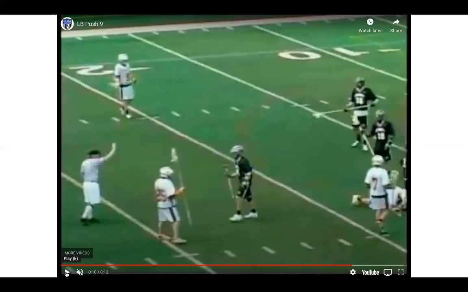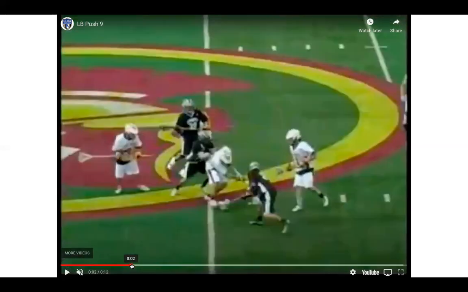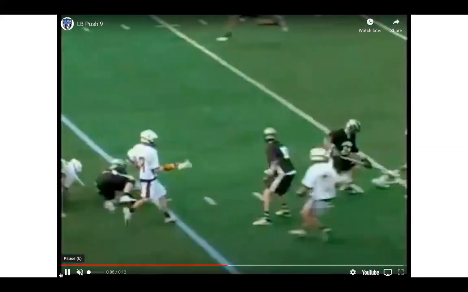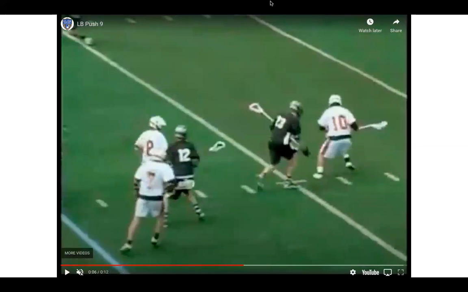We don't want to kill an imminent scoring opportunity. Let's watch it one more time. Now, I know there's going to be a couple people that saw the fact that he came up towards the guy's head. We're not looking at that. We're just looking at the fact that he pushed in the back.